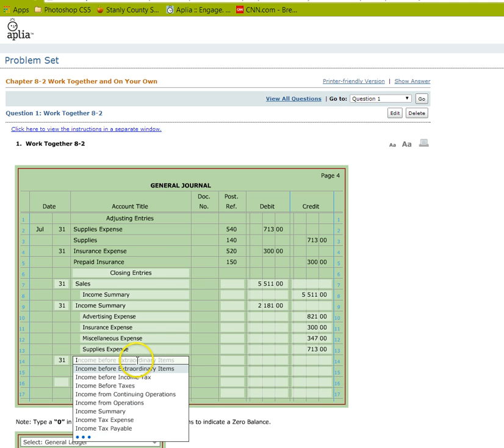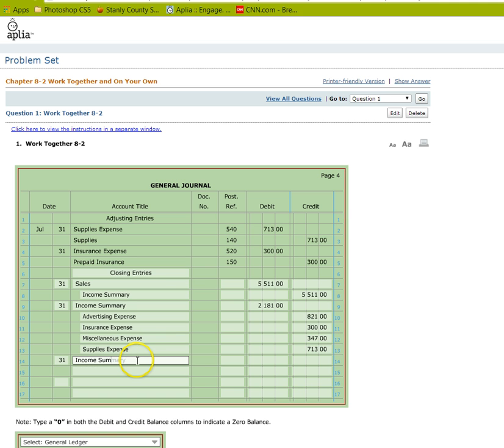So we're going to have to debit income summary to close it. And the difference, 5511 minus 2181, is 3330. Now that's net income. Net income, hopefully you know, increases the capital account, which we have as Darlene Wong capital. So we will credit 3330 to capital. That increased the capital account.